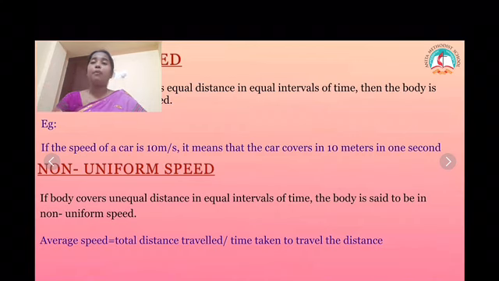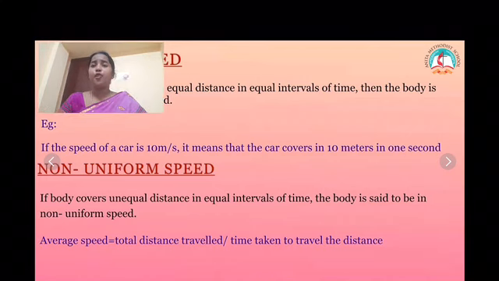That is an example for non-uniform speed. So, if a body covers unequal distance in equal intervals of time, the non-uniform speed is calculated by average speed. So, what is the formula for average speed? Average speed is equal to total distance travelled by time taken.